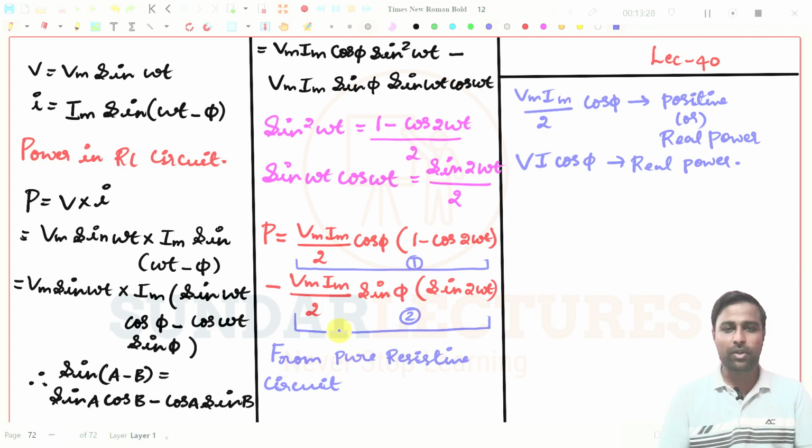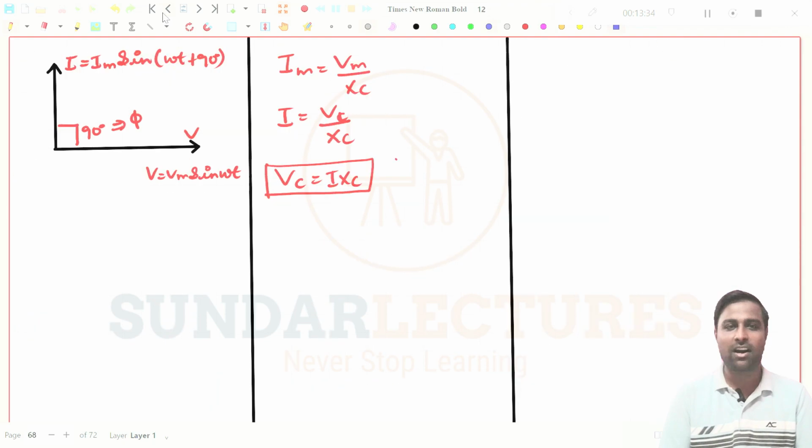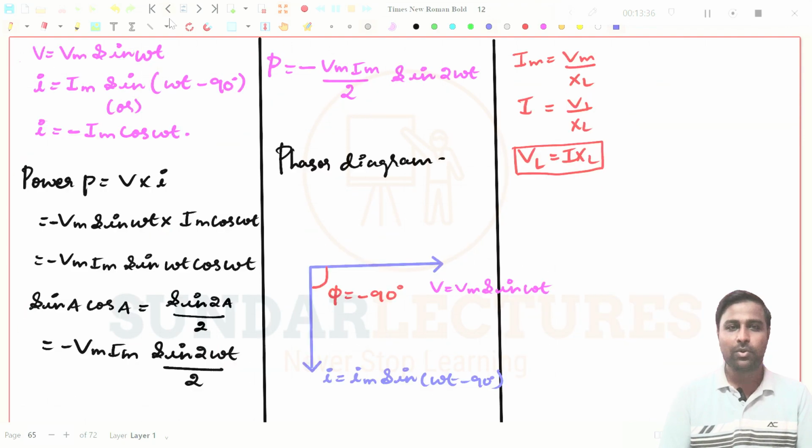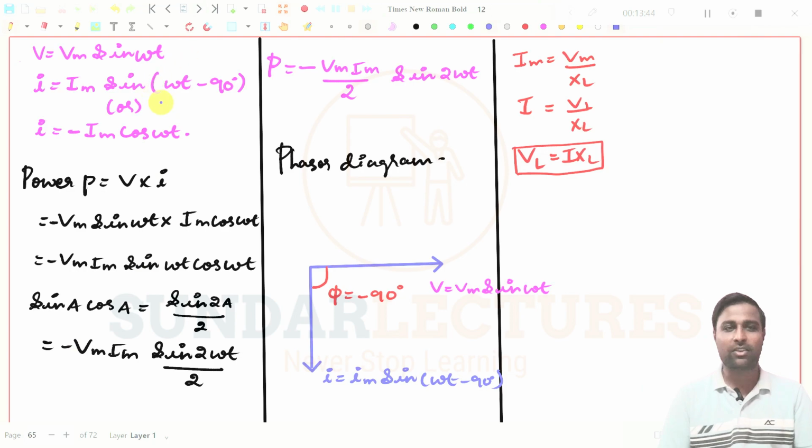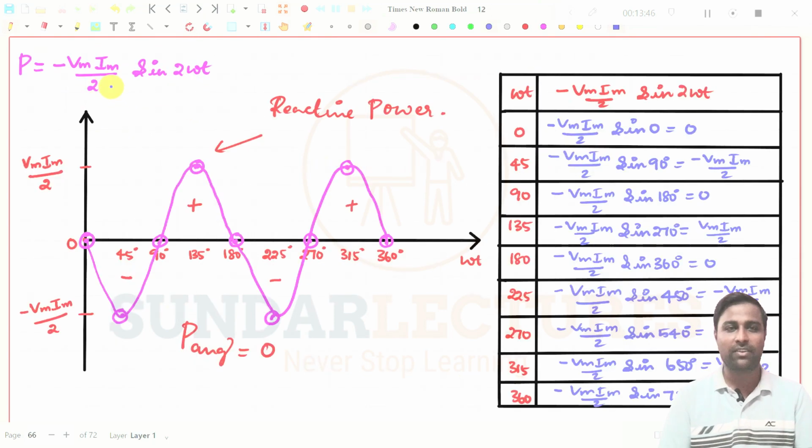And try to understand what this one is: sin 2 omega t. Where have we seen this? In the pure inductive circuit. In a pure inductive circuit, what is the term we got for the power? It is minus Vm Im by 2 sin 2 omega t. So if it is a sin 2 omega t, what we have got here is the reactive power.